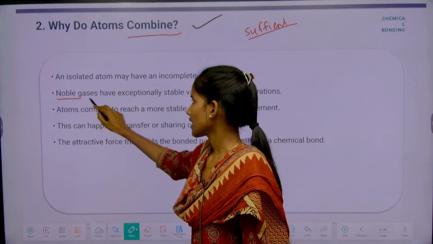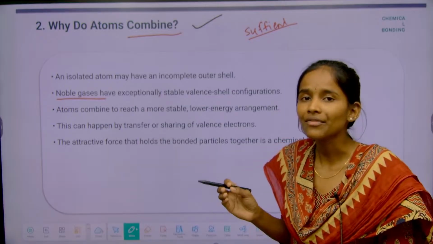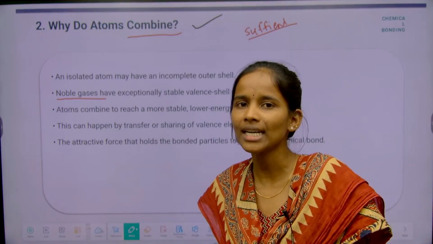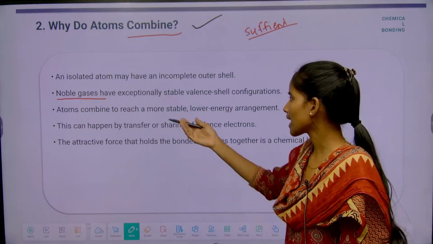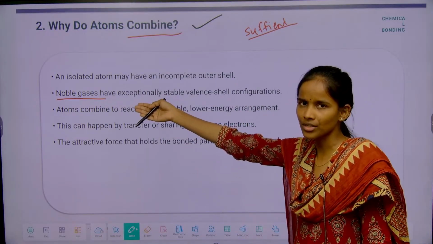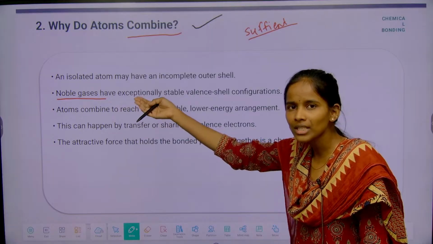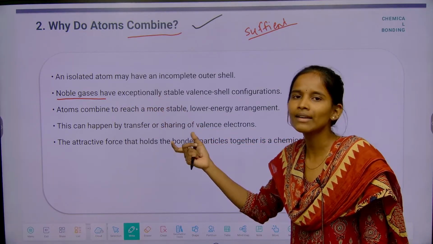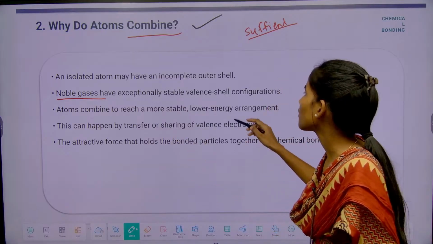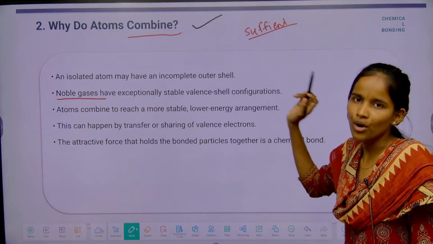Noble gases. If you observe, they have a sufficient number of electrons, so generally they will not react with any other atoms. As they have a sufficient number of electrons, they are stable. If they are stable, then why would they react with others? So, they will not form any chemical bonds.